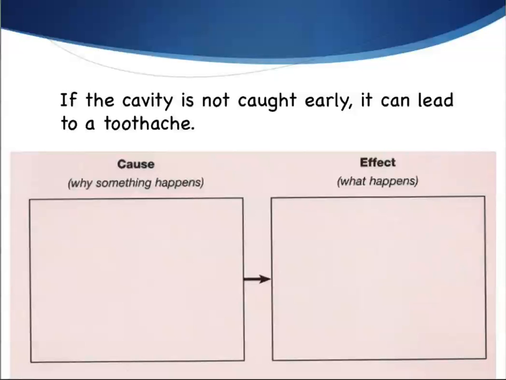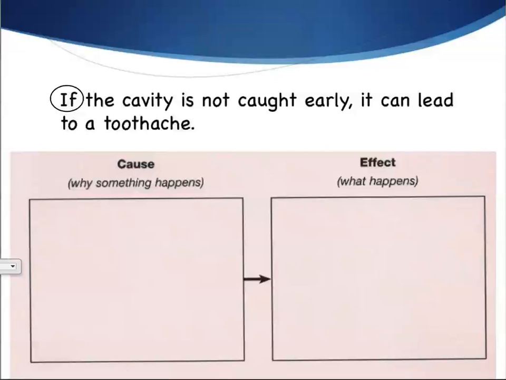All right, so here's a sentence from that passage. If the cavity is not caught early, it can lead to a toothache. And we found a clue word here at the beginning, which means we know a cause is coming next. Take a look at that sentence and think about the effect.